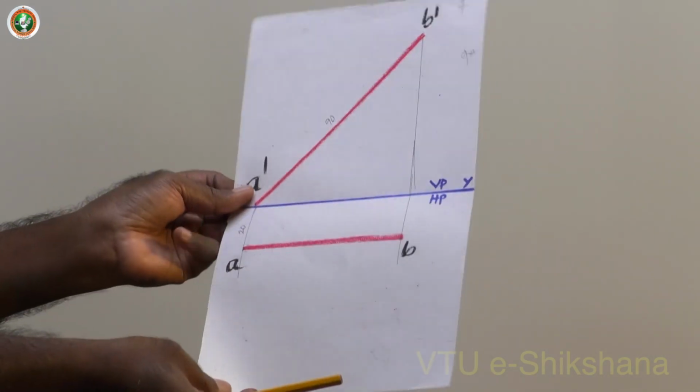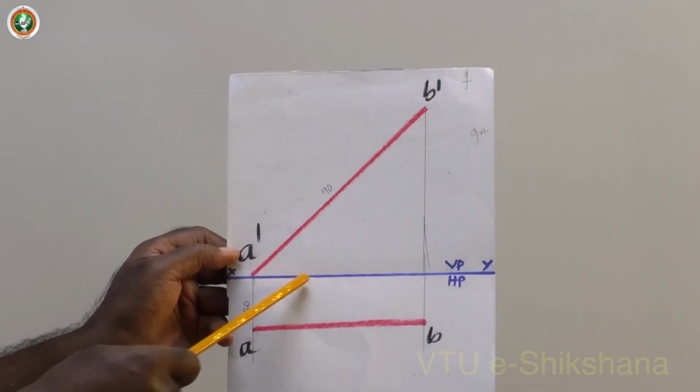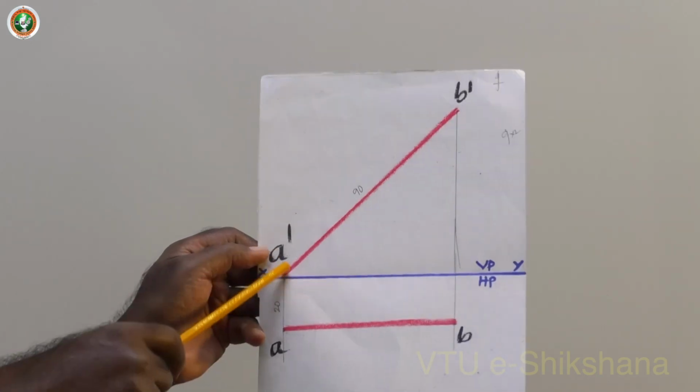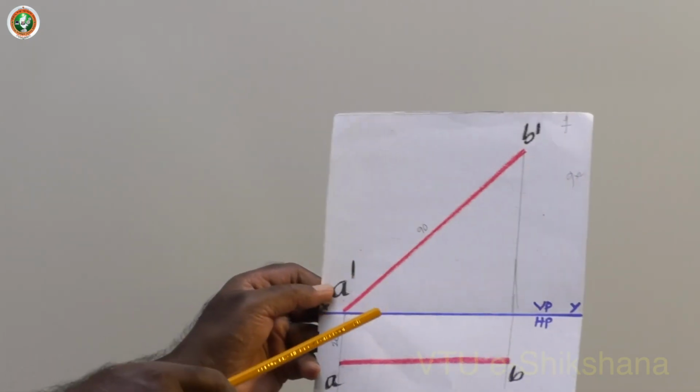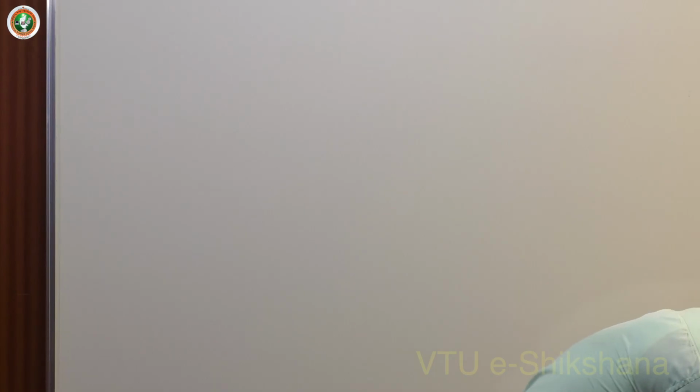Now rotate this. Now I can say the line is inclined to HP by 45 degree. The line is parallel to VP and one end of the line is touching HP. So this is how you can understand the simple positions of the straight line. This helps you to understand the regular problems on straight lines.